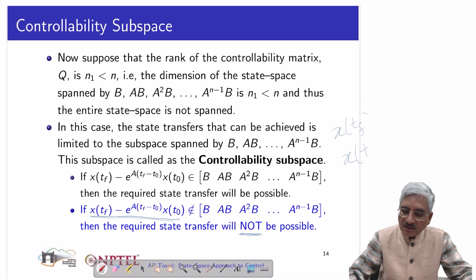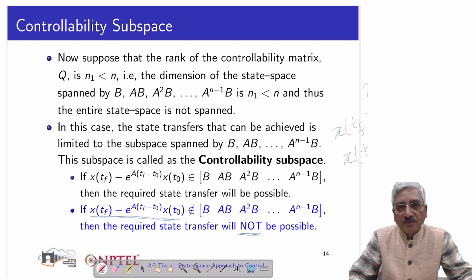If the answer to this is yes, and we ask the same question about x(t0), if the answer to this also is yes, meaning that both the initial state and the terminal state happen to be in the controllability subspace, then the state transfer will be possible. So one can check whether this condition is satisfied.